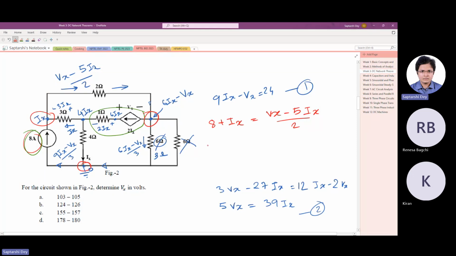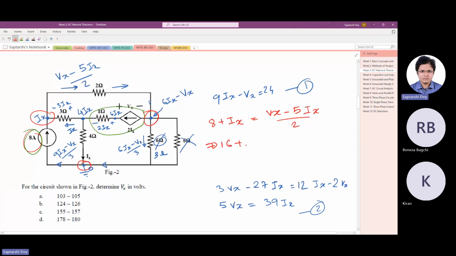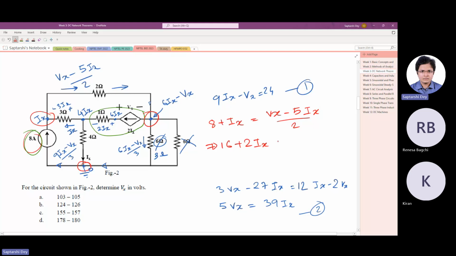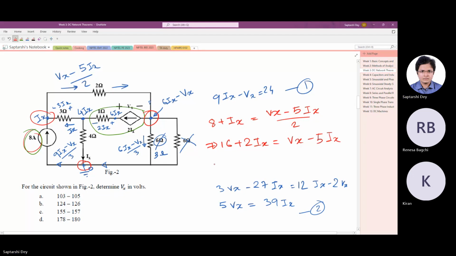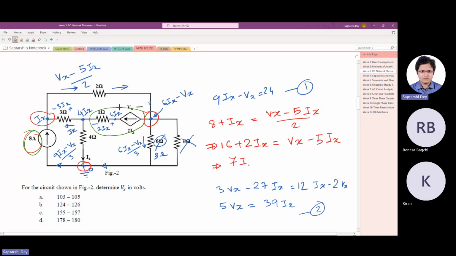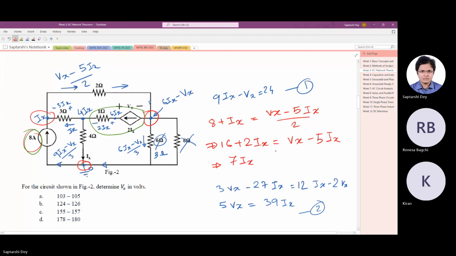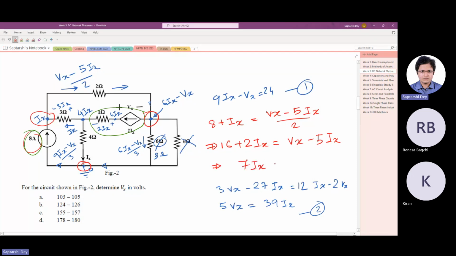So what we get is 16 plus 2ix equals vx minus 5ix. So 7ix minus vx plus 16 equals 0.